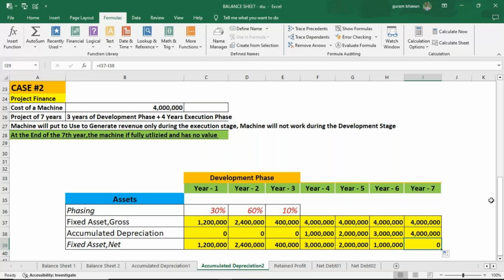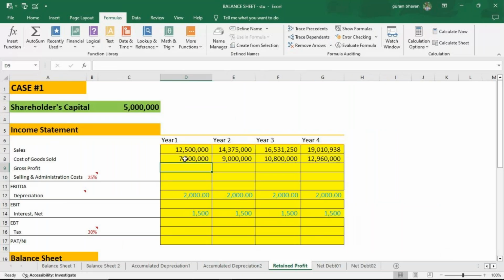So coming to the next one, that is retained profit. So the sales and COGS values are already given. I wanted you people to put these values because the question is this much only. Shareholders capital is 5 lakh rupees, and the first year, second year values, sales value and COGS, that is cost of goods sold, are here.